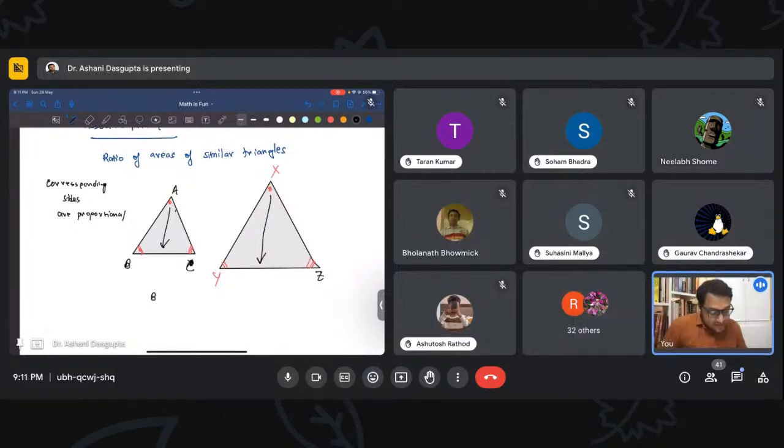So BC over YZ, you have to take this ratio. Then you take the side opposite to angle B and angle Y because they're equal: AC over XZ. Then you take the side opposite to angle C and angle Z because those two angles are equal: AB over XY.